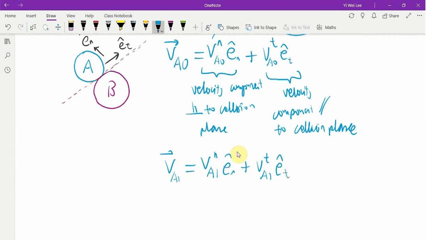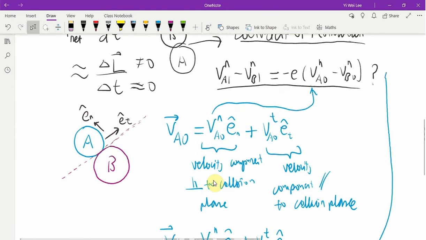In other words, the final velocity of particle A after collision must also be resolved into the normal direction and the parallel direction along the collision plane. And this term precisely was used here in the equation of coefficient of restitution.